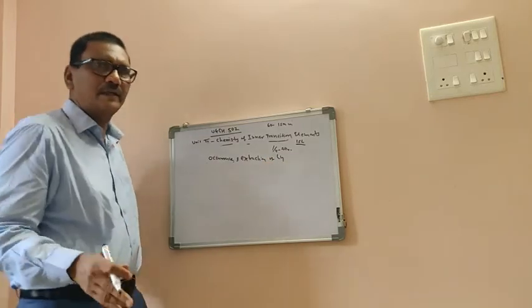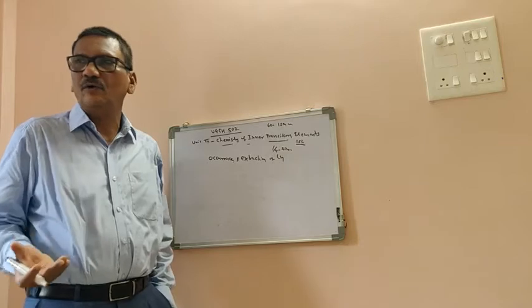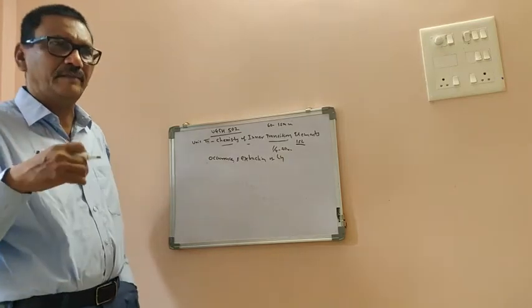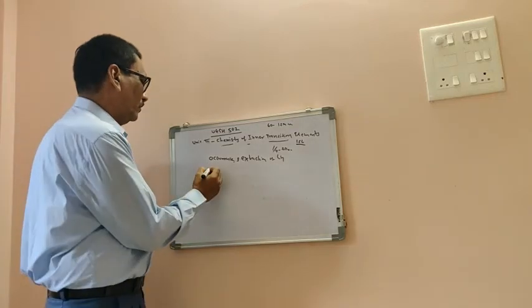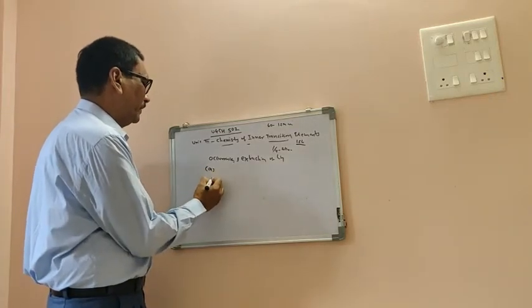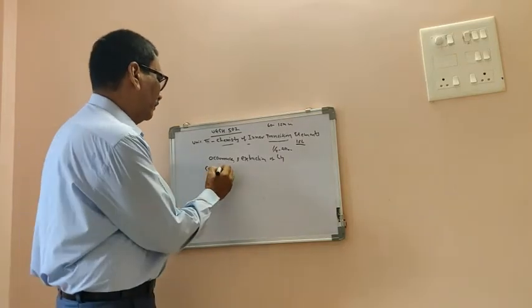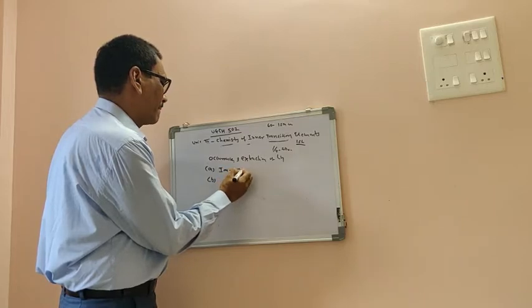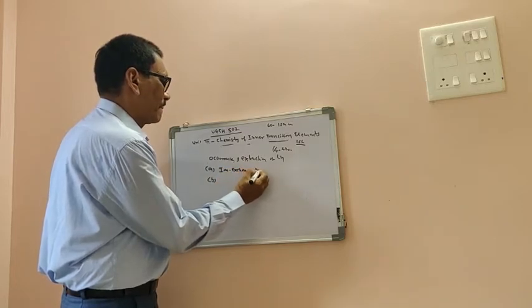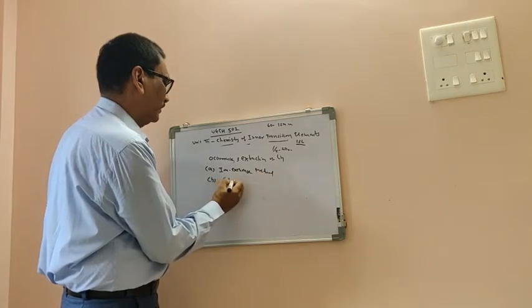How the lanthanides occur in nature, and from these different ores, how these lanthanides can be separated from the ore. For that, we have to study two different techniques or methods for separation of the lanthanides. The first one is the ion exchange method, and the second is the solvent extraction method.